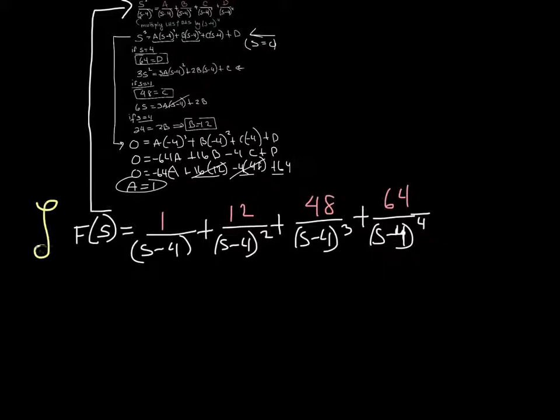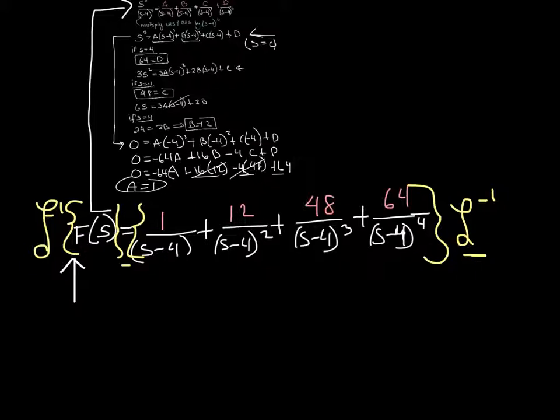So the Laplace inverse of this guy, and to save some room here, this really should go over here, but hopefully you guys can see that. By using the property of linearity, I know this is supposed to be f of t, by definition. So I'm going to do this piece by piece.